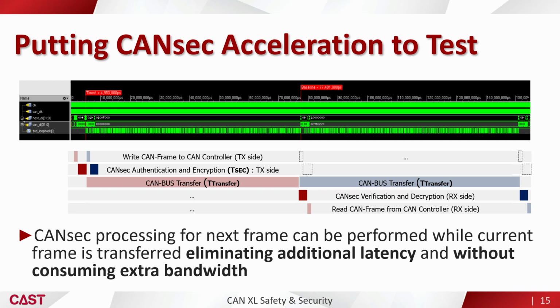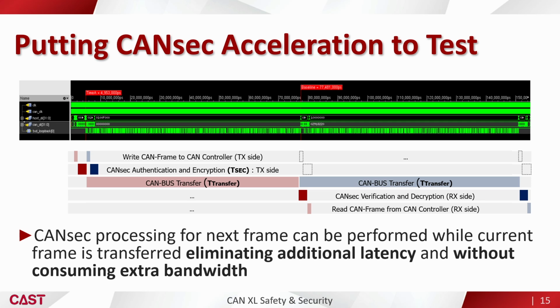In other words, once you have hardware acceleration, the only performance cost of CANsec is the space occupied by the security metadata in each frame. The cryptographic computation itself is completely hidden behind the bus transfer time. This makes CANsec practical even for the most latency-sensitive automotive applications.